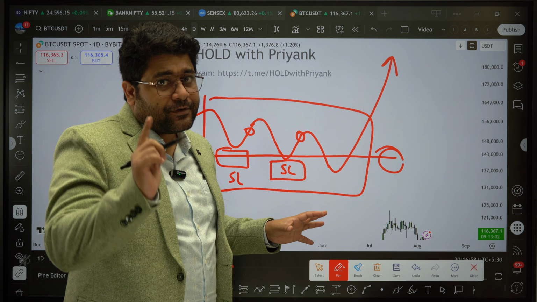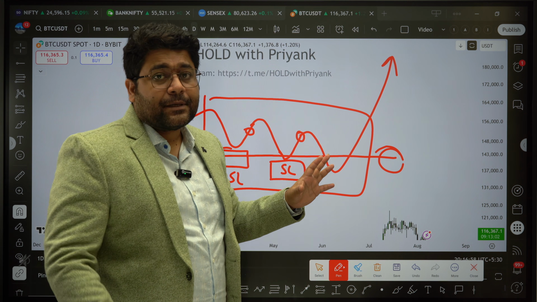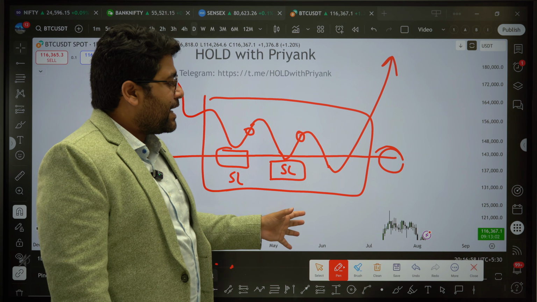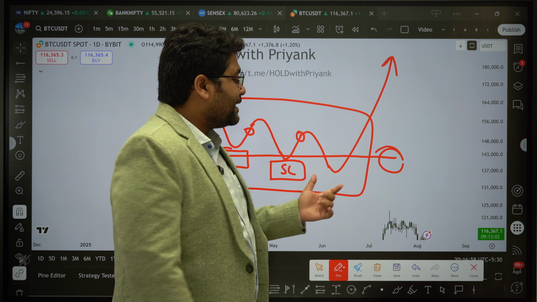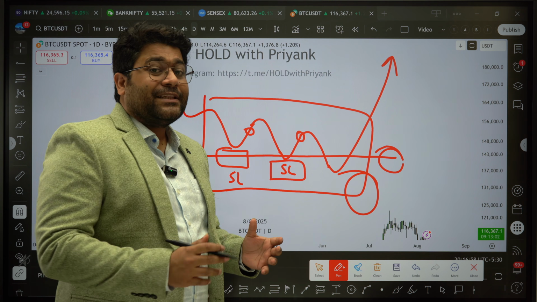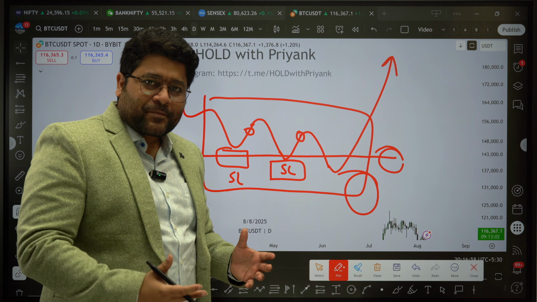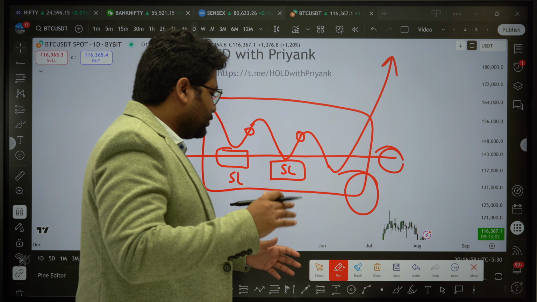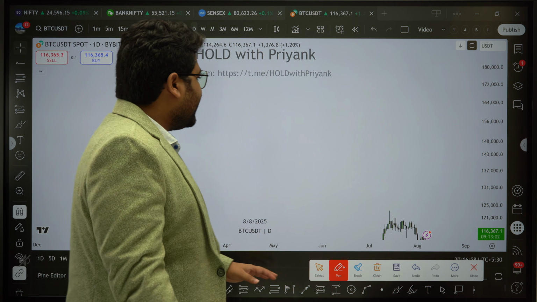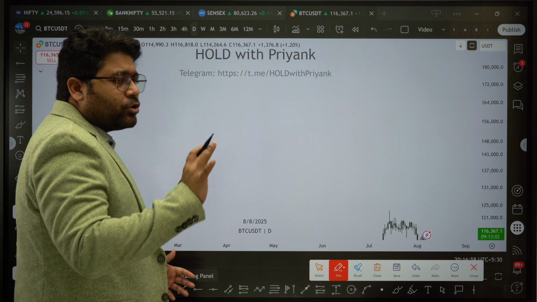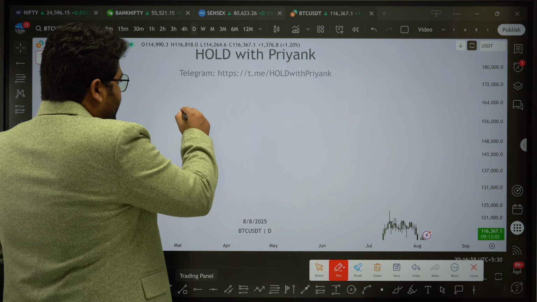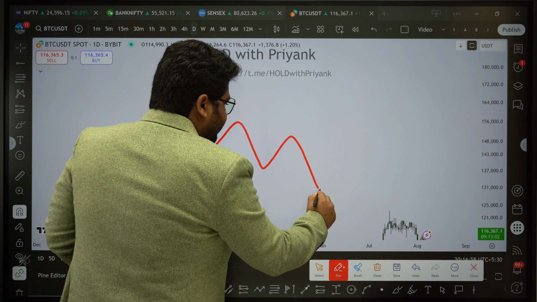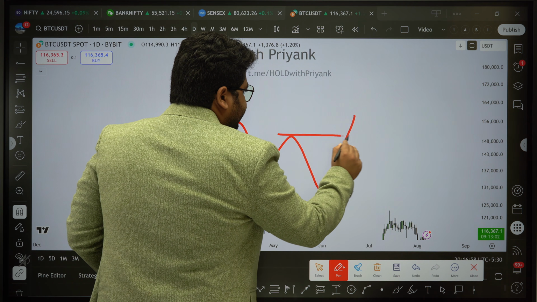Not every time. See, stop loss will happen definitely, but why does this strategy work? Because in this strategy, we are going to use that institution mindset that they are trying to take the stop losses and now they want to pump the price. That's what we are going to use. So whenever you see price doing like this near any support or resistance level, price makes a low, another low, and makes another low, and then breaks above this high.